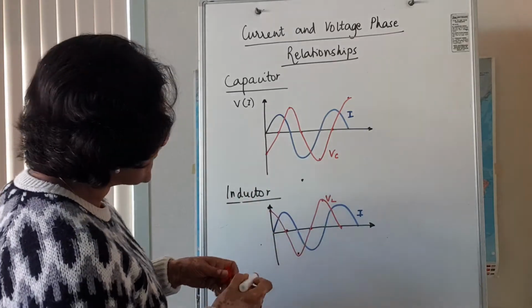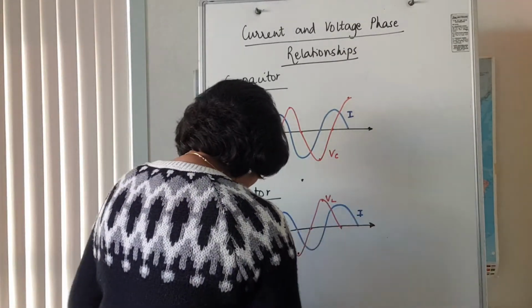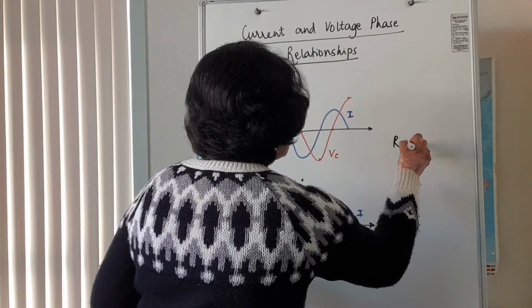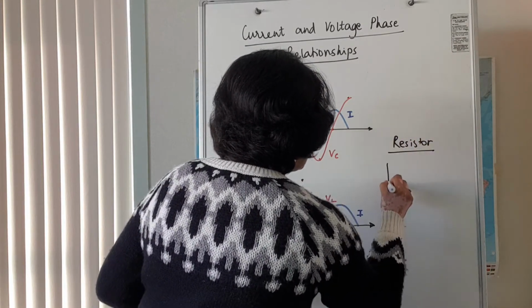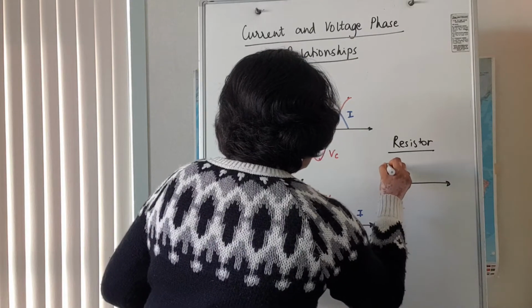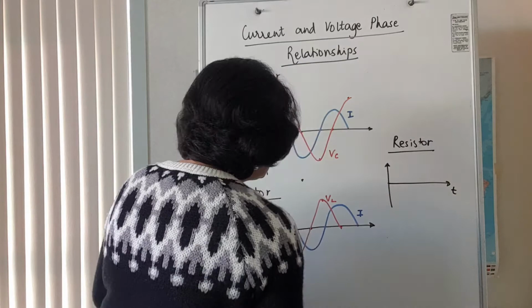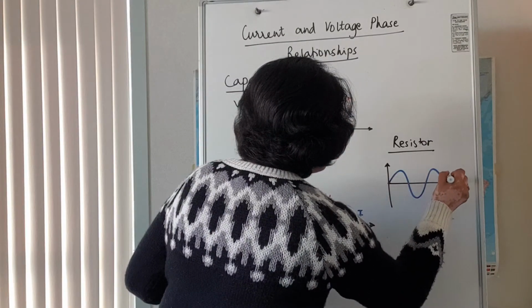And then if you look at the resistor, I might just draw that over here on the side. For the resistor, if you're looking at the voltage and current, what is the phase difference? Let's say this blue line is the current.